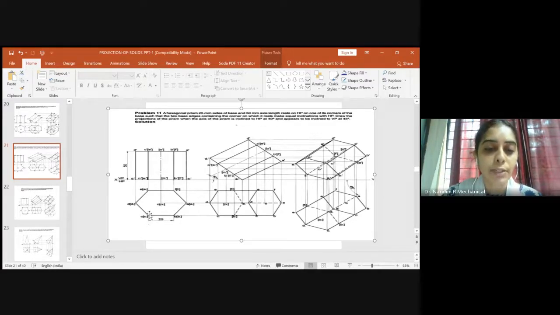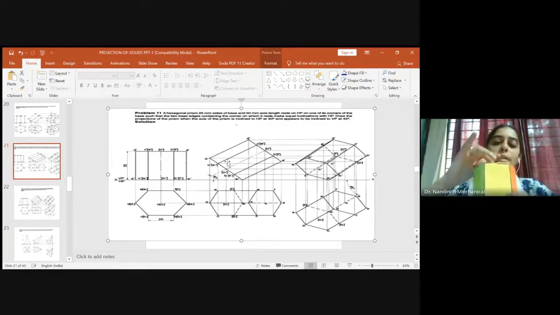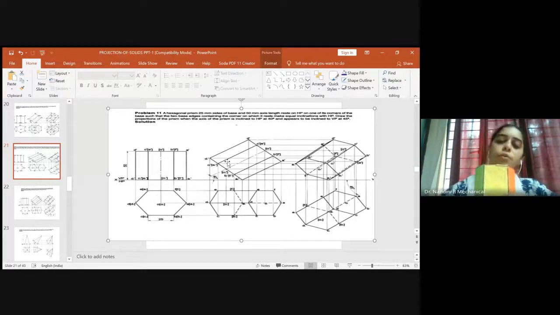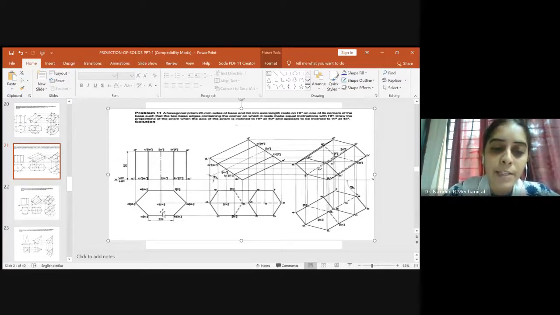So when you join the two diagonals, you can just identify the center. And you know that the top surface will be having one center and the bottom surface will be having one. So this will be O and this will be O1. So when you view from the top, O will be visible and O1 will not be visible, right? So you will write O outside the bracket and O1 inside the bracket.